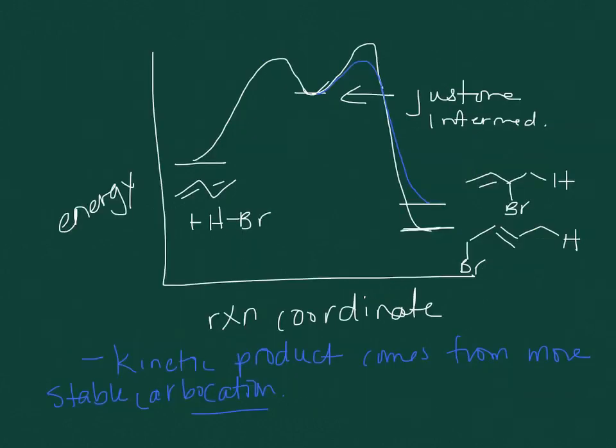Alright, so if we look at this energy diagram, you'll see here we have 1,3-butadiene and HBr. We form one intermediate. This intermediate is going to have both carbocations in resonance with each other.